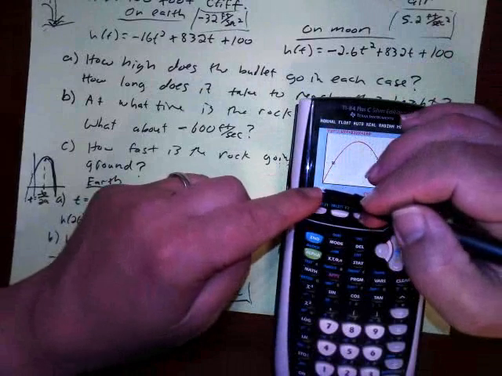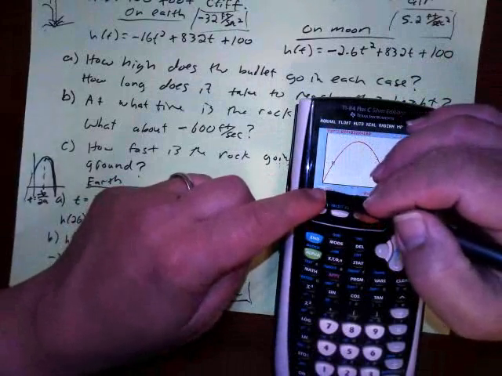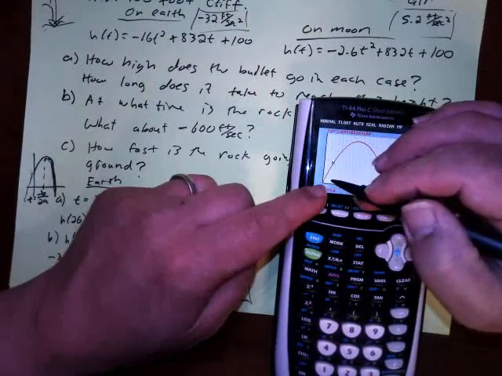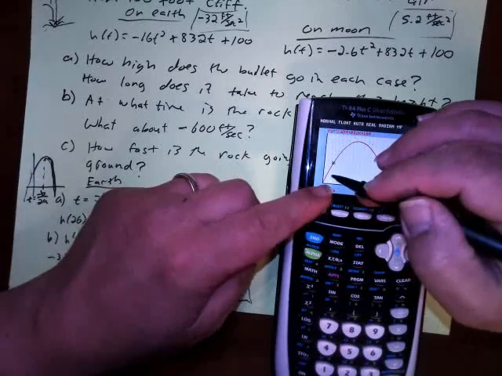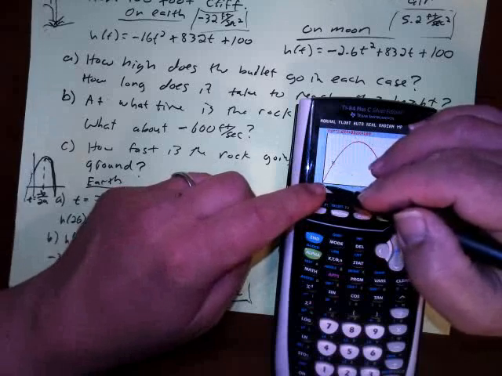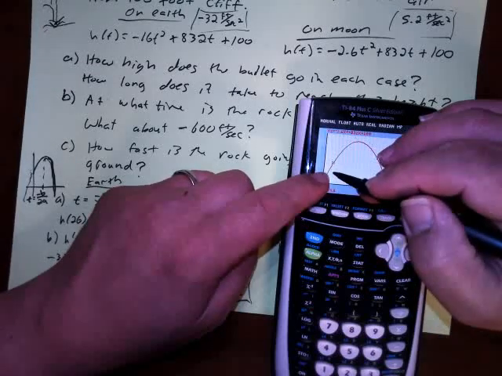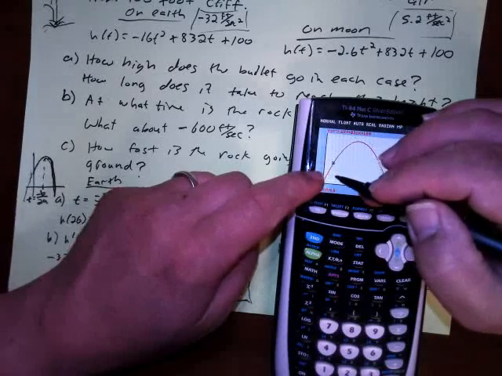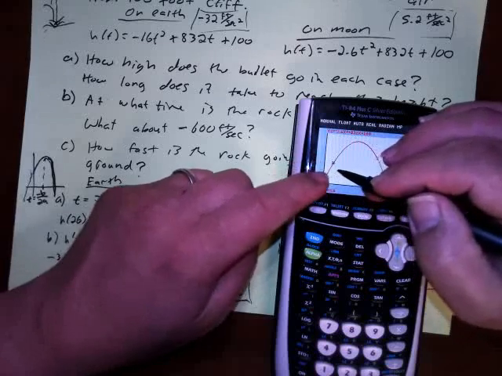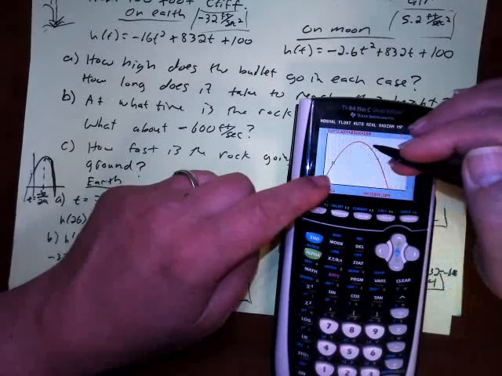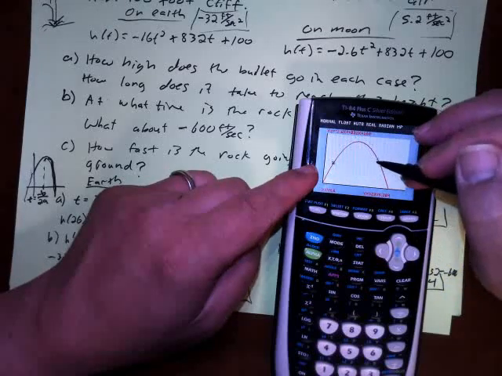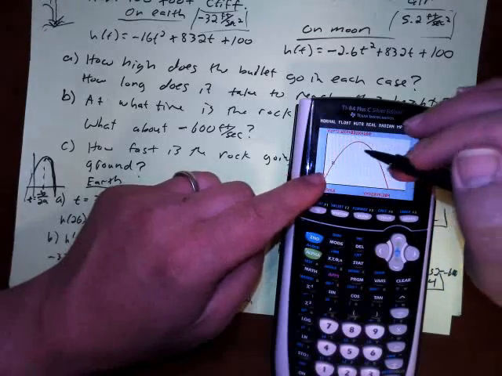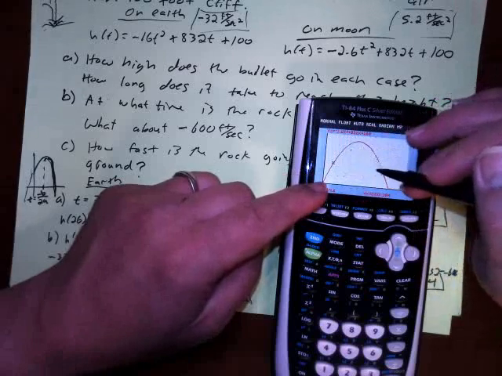So when you shoot the bullet, it's 832 feet per second, and so it's slowing down. This is where it goes from 832 down to 600. Okay, it's still positive, but it's going to go up, reach 0, and then it's going to go down, and it's going to accelerate the same way it decelerated.